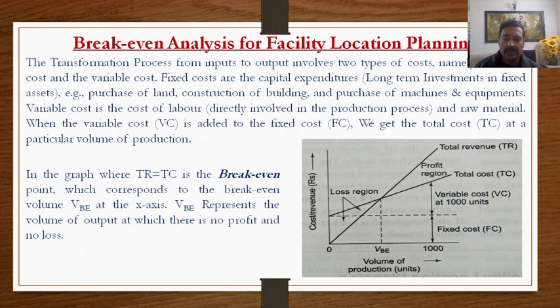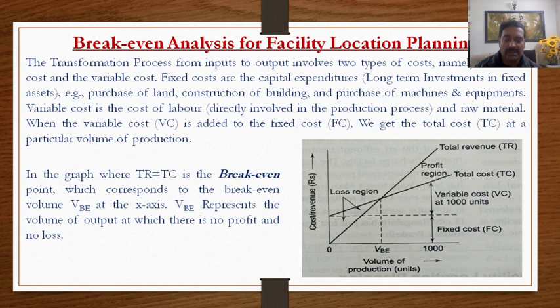So here the break even analysis says first we need to find where your total revenue and total cost are equal. That intersection point is considered as the break even point.